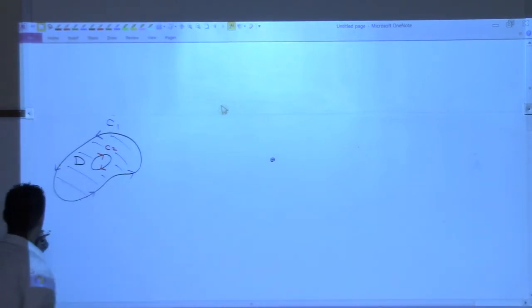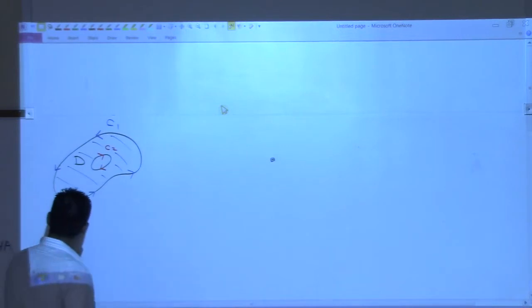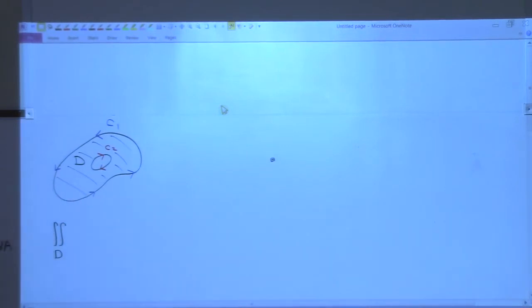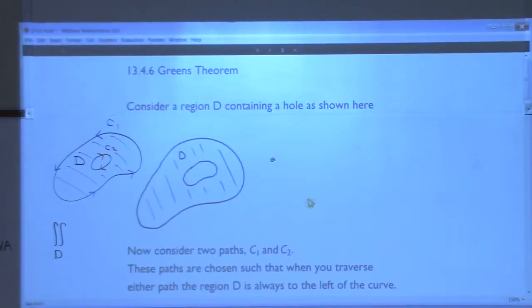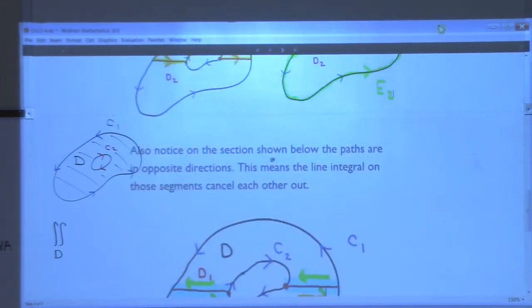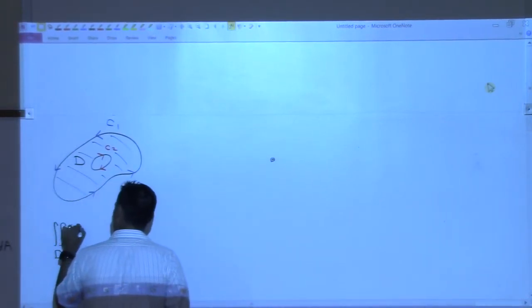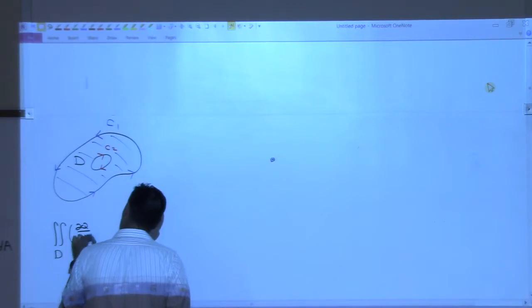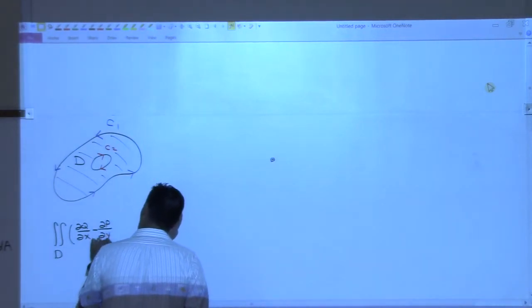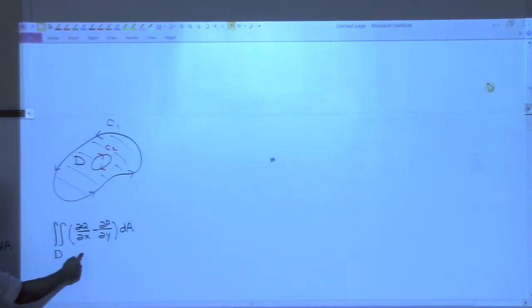The big question here is, what would the double integral over D of partial Q with respect to x minus partial P with respect to y dA be? So ultimately, I'm going to ask myself what this is, all right?